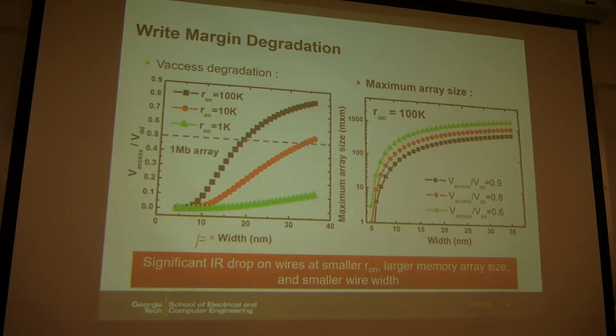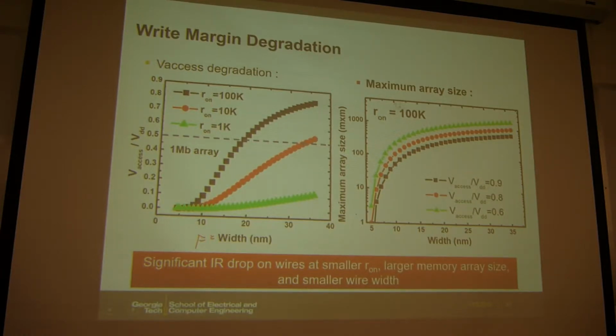That's why you have this very bad write margin. So you have to boost the on-state resistance of your memory cell, like 10 kilo ohm, 100 kilo ohm. I think if you want to design a large array, 100 kilo ohm is necessary. However, for most of the emerging technologies, 100K is not there. Typically it's in the tens of kilo ohm. So that will limit the array size.